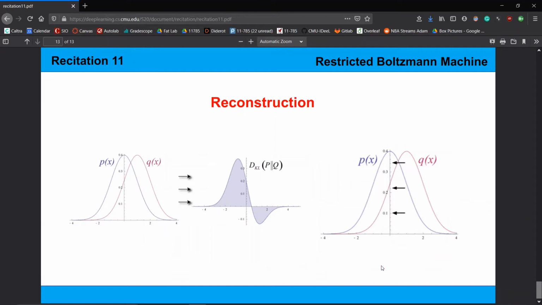Our goal is we have P of X, which is our forward pass, and Q of X, which is our backwards pass, and then we want to minimize the differences between them, which we discussed earlier when we were training a basic Boltzmann machine. You use a KL divergence to minimize these differences, and that's the goal of deep Boltzmann machines. This is a small review regarding all of these topics, and now Jingwei will take over regarding the code and so forth.